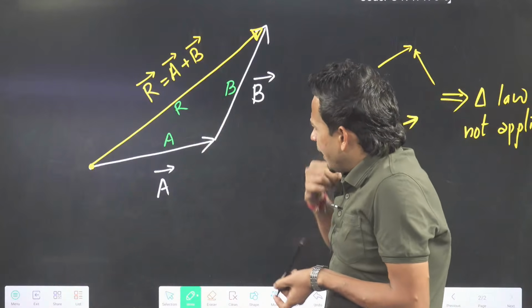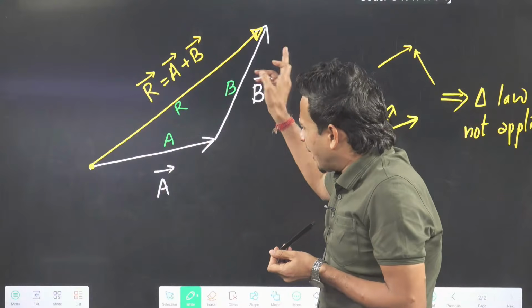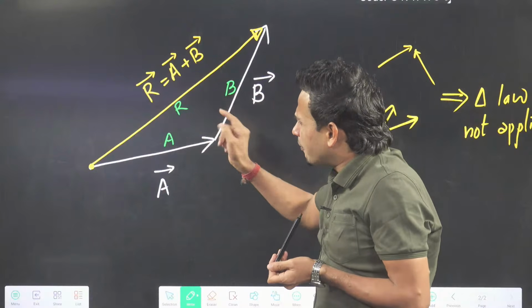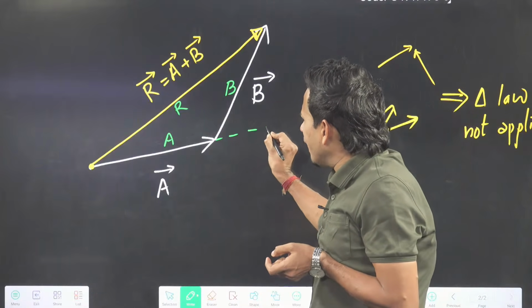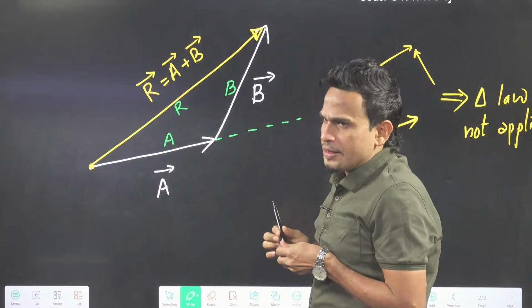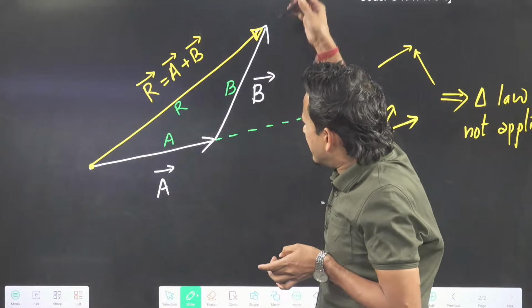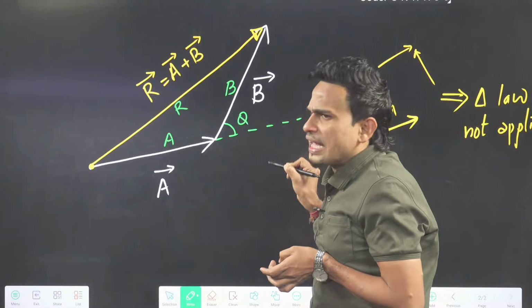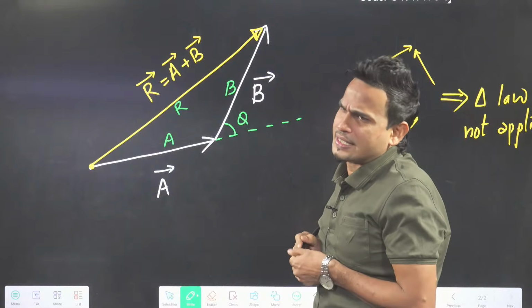Now someone came and said, okay, sir, A bar will have magnitude A, B bar will have magnitude B. When you add them, you'll get R bar, which will have magnitude R. If I give you the angle between these two vectors, this is our A bar going in this direction, B bar going in this direction, the angle between A bar and B bar we can assume as theta.